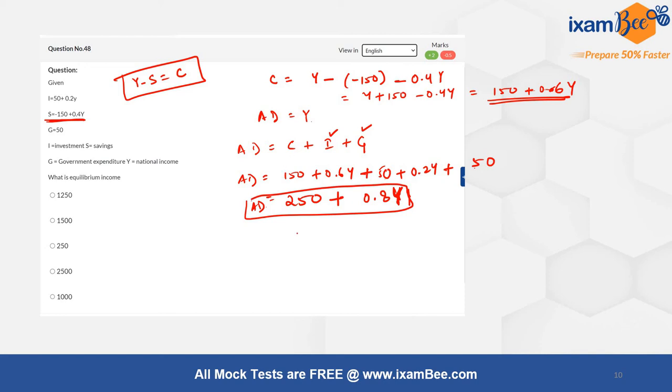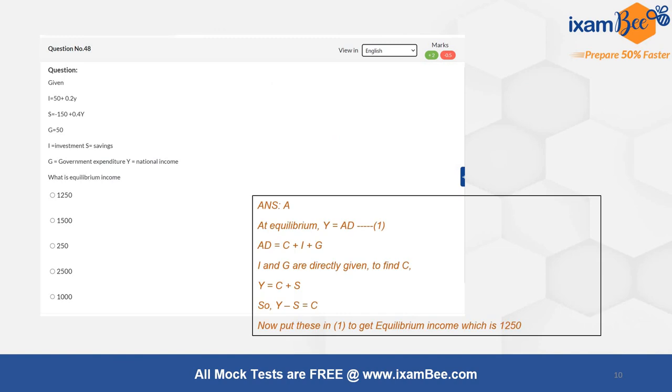Now the point where it is equal to the output will be the equilibrium. So 250 plus 0.8 Y is equal to Y. Plugging this, you get Y equal to 250 divided by 0.2, which is equal to 1250. So the right answer is 1250, option A.